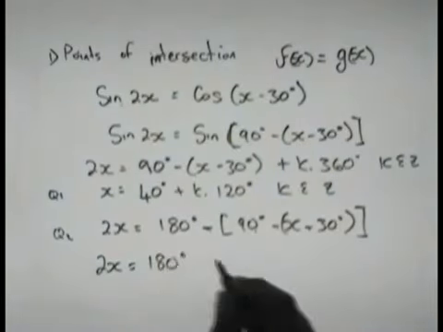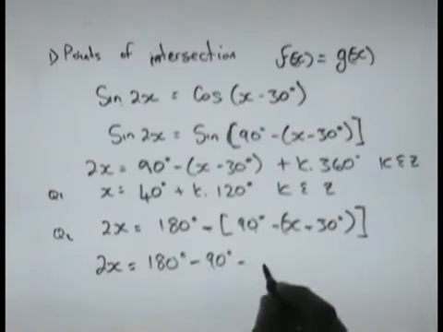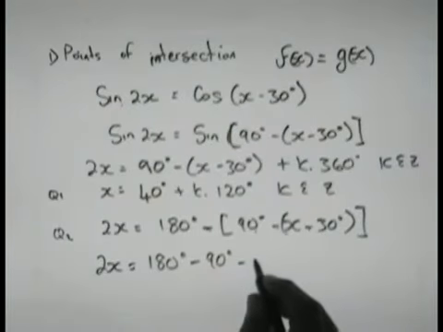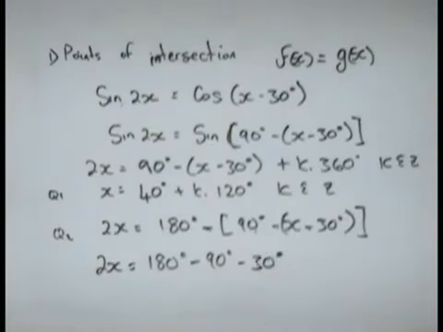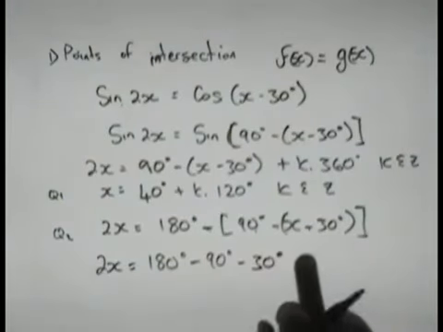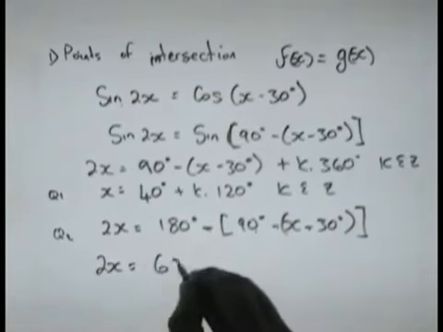So essentially it's 180 degrees minus 90 degrees minus 30 degrees. 180 minus 90 is going to give me 90. 90 minus 30 is going to give me 60 degrees.